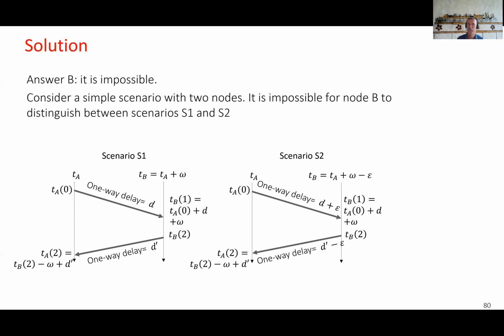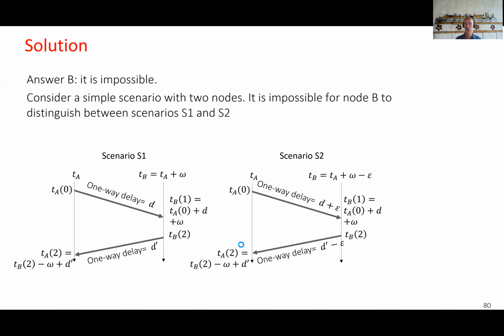But they are different. In one case, the offset is omega and the delays are d and d prime. In the other case, the offset is omega minus epsilon and the delays are d plus epsilon and d prime minus epsilon. What does this mean? It means that it is impossible to distinguish between those two scenarios for a network time protocol, because the only thing that such a protocol will see are the timestamps related to the events.